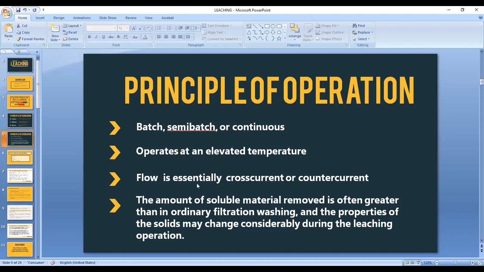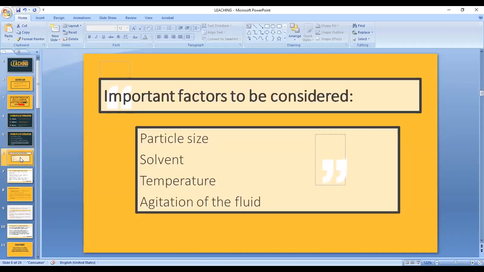The flow is essentially cross-current or counter-current, and the amount of soluble material removed is often greater than in ordinary filtration washing. So why use leaching? Because your recovery is much higher here compared to ordinary filtration. And the properties of the solid here may change considerably during the leaching operation.